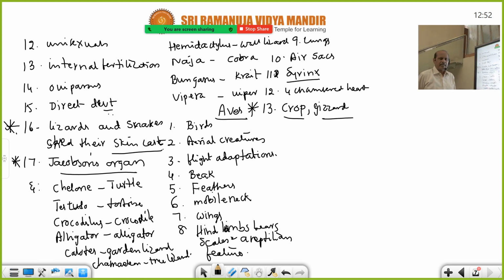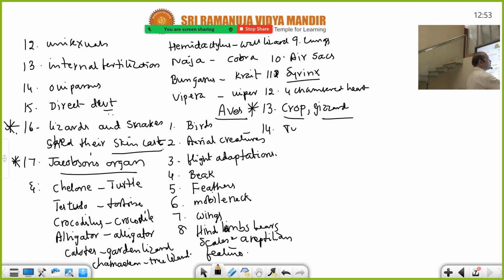Insects, among the invertebrates, also have crop and gizzard. Cockroach, our type study, remember, has crop and gizzard. Here also crop and gizzard is there. So in having crop and gizzard, birds resemble, like that application type questions they ask. And they ask like that: earthworm, cockroach, frog, etc. Options will be given. You must write down cockroach.